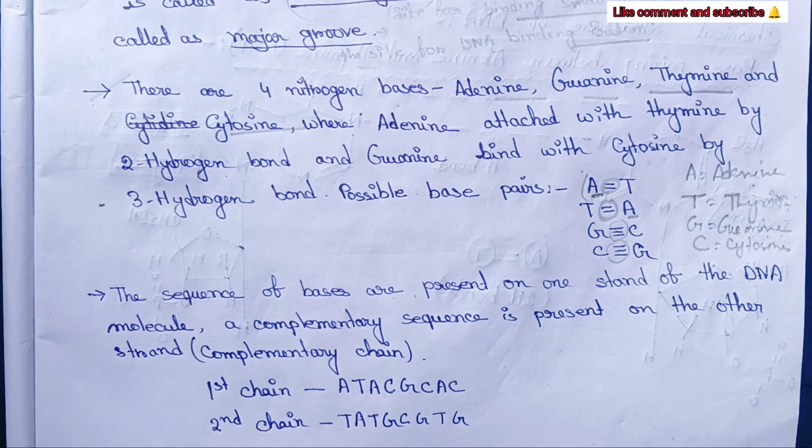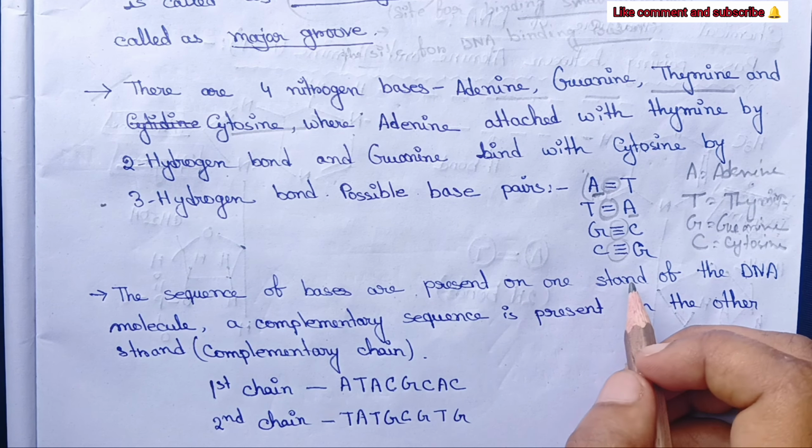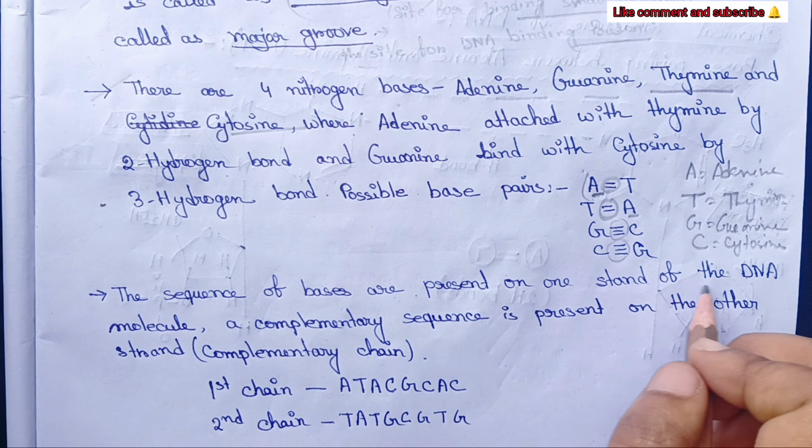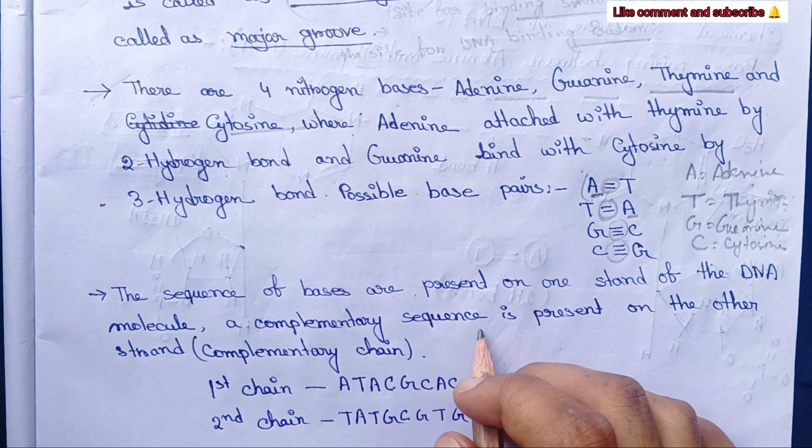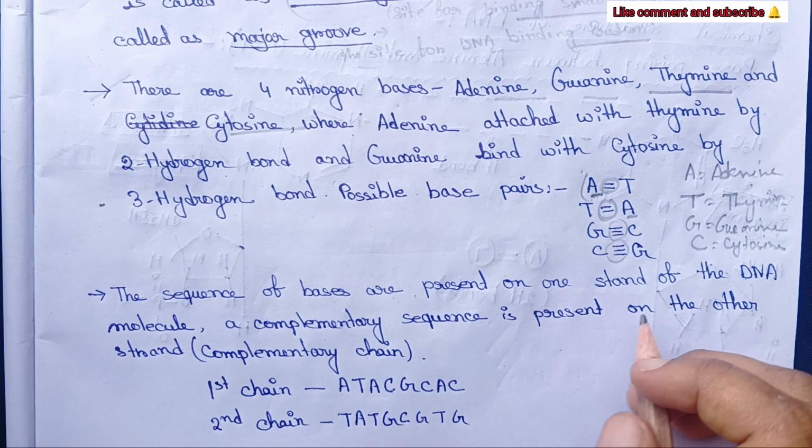triple bond. The sequence of the bases is present on one strand of the DNA molecule. A complementary sequence is present on the other strand.